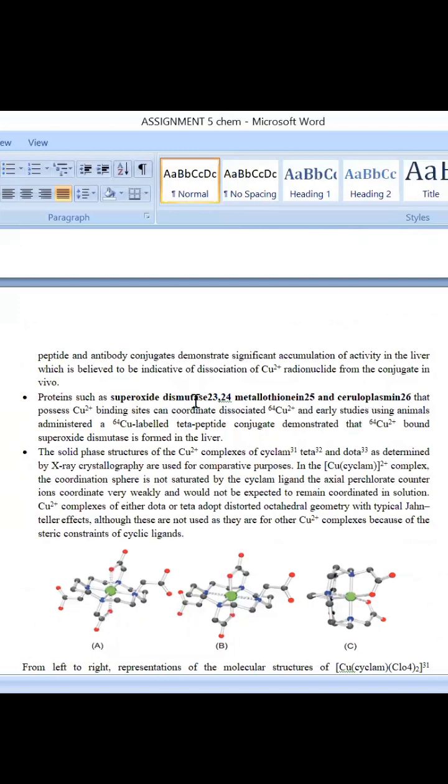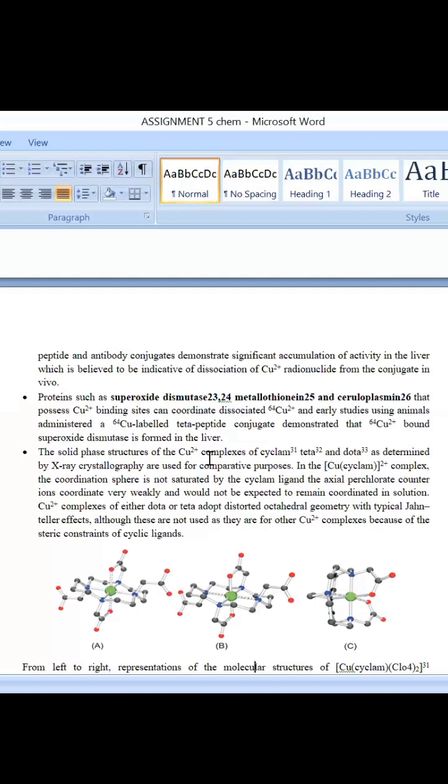Proteins such as superoxide dismutase, metallothionein, and ceruloplasmin possess Cu2+ binding sites that can coordinate associated Cu-64 2+, and early studies using animals administered a Cu-64 labeled TETA peptide conjugate demonstrated that Cu-64 2+ bound superoxide dismutase is formed in the liver.